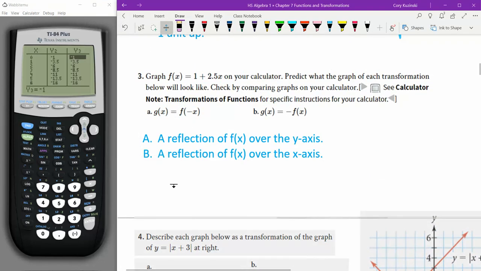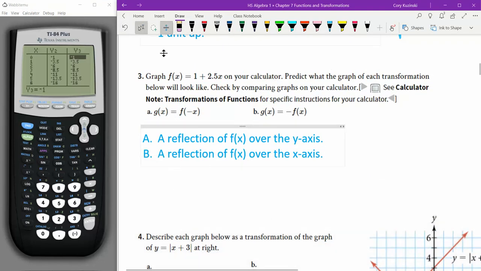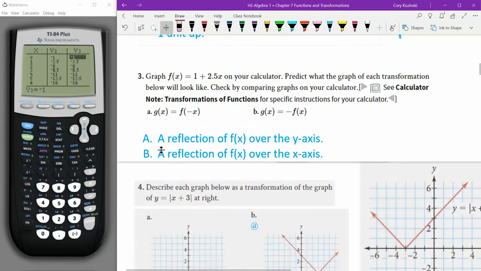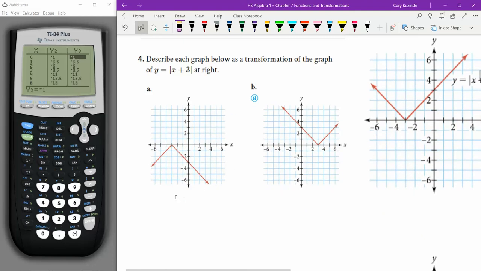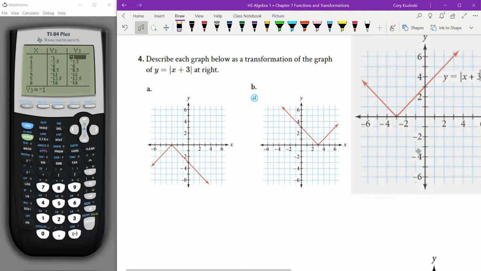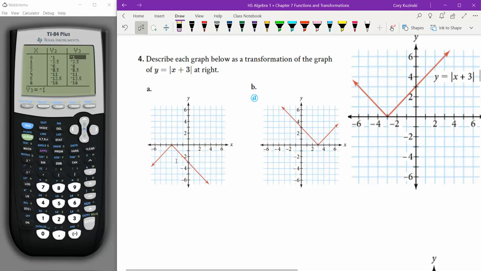All right, number 4, moving right along here. Describe each graph below as a transformation of y equals the absolute value of x plus 3. All right, so here's y equals the absolute value of x plus 3. And we're looking at this here and what's been done to it. I can see it's been reflected over the x-axis.